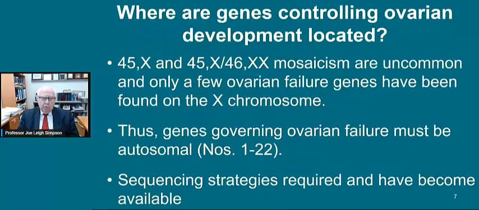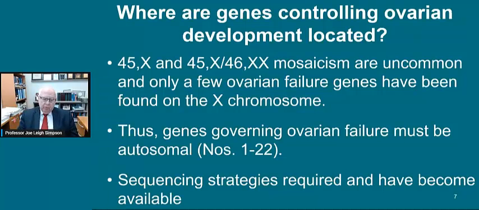So very quickly, we learned that the genes that were controlling ovarian development were located not exclusively on the X chromosome, with or without mosaicism, but they had to be elsewhere, and that elsewhere related to the autosomes, chromosomes 1 through 22. The sequencing strategies, therefore, became necessary.